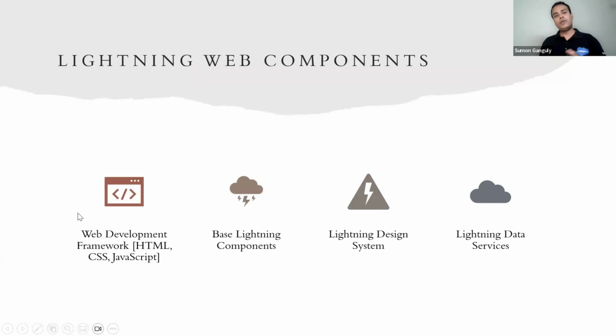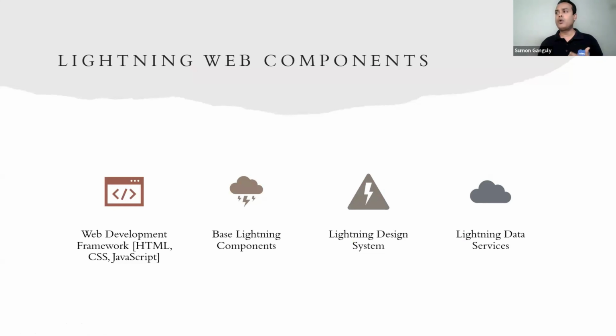So in a brief overview, I showed you how Lightning Web Components look, right? What the Lightning Web Component development framework is, in a very short span of time. Lightning Design System is basically a framework Salesforce provides where you can apply styling to your Lightning Web Component code, right?